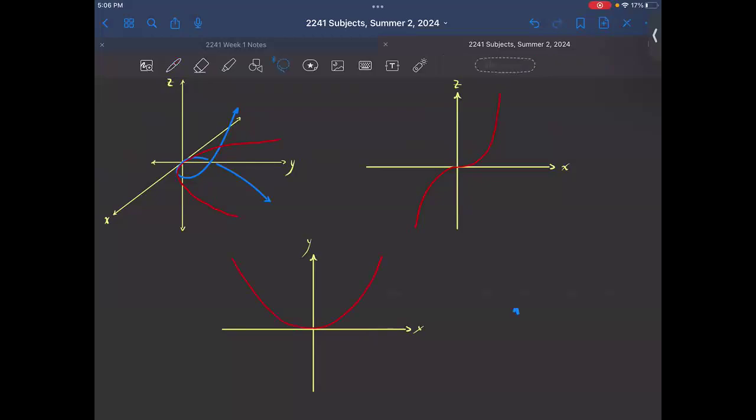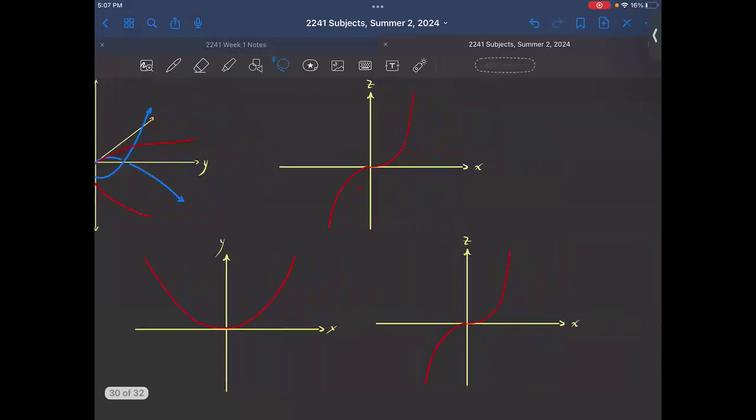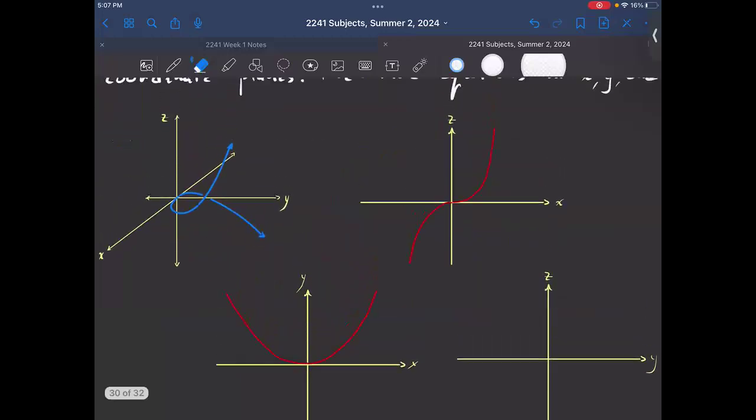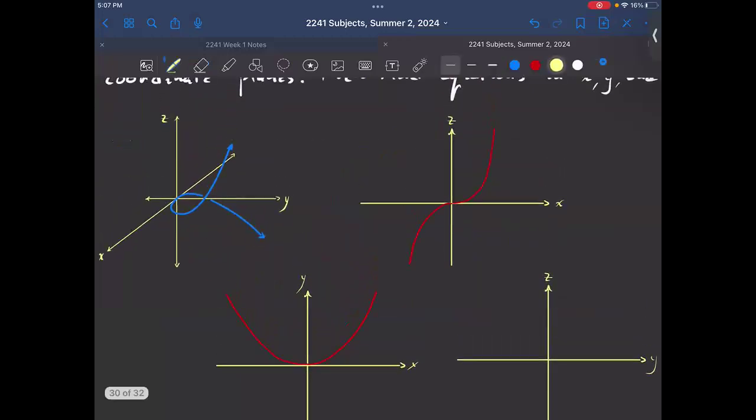All right, let's do this one more time, and this time with the YZ plane. This is going to be a little bit weirder. Y. And the projection in the YZ plane looks kind of strange, doesn't it?